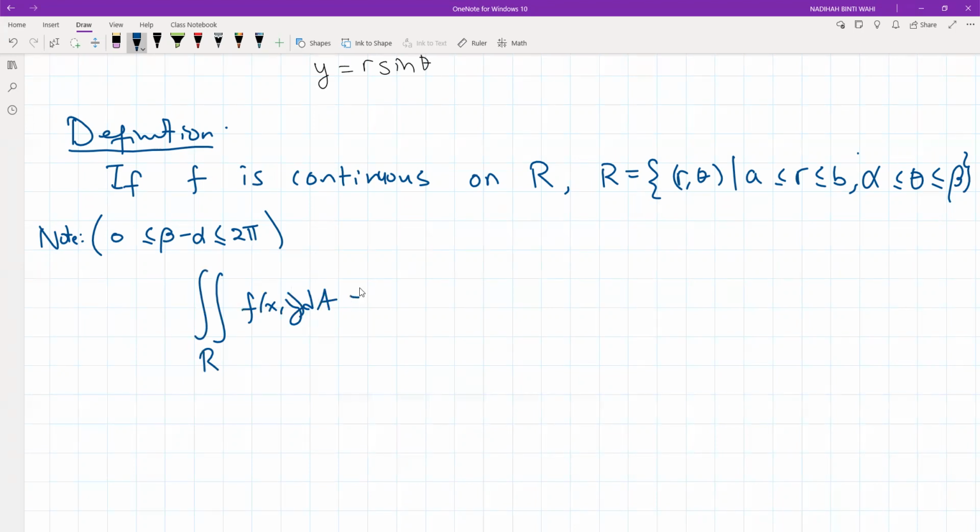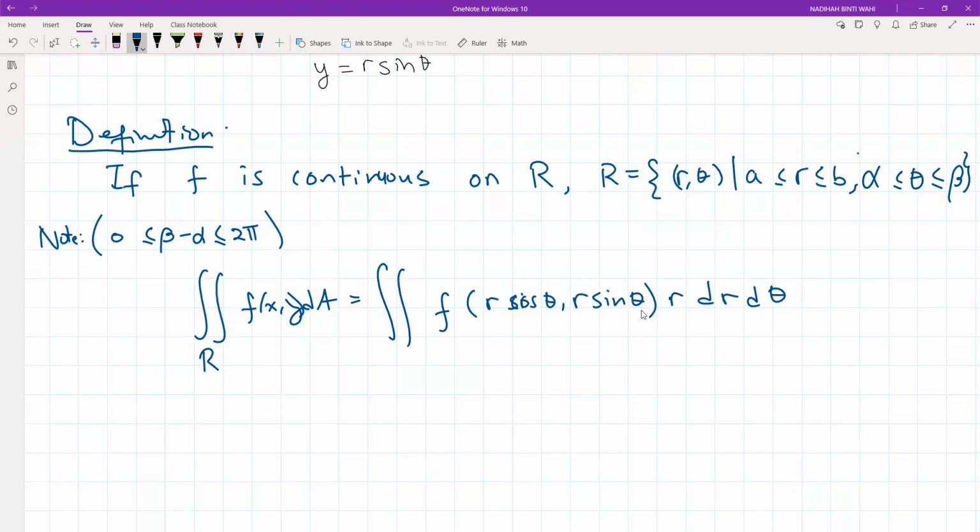Okay, so then the definition is just integrate over rectangular R f(x,y) dA is equals to, so f x apa dia? X adalah R cosine theta, R sin theta untuk y, R dr d theta.